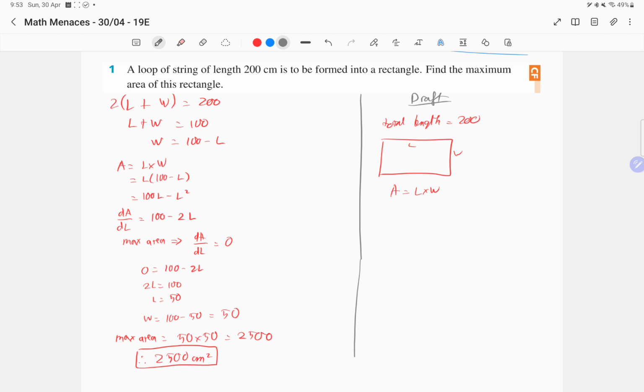Okay, did you get 2500? Why do you do the derivative? Because maximum area means the rate of change is 0 for the function.